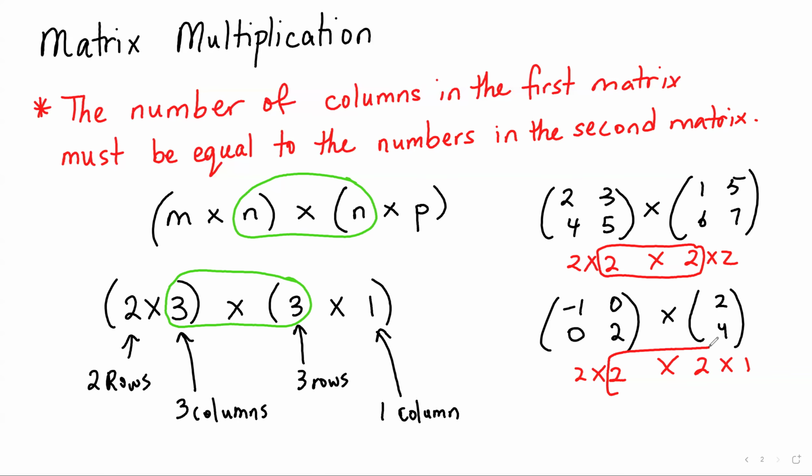So this middle part has to be the same: the number of columns in the first matrix must be equal to the number of rows in the second matrix. This is a fundamental rule that has to be met for matrix multiplication to take place.